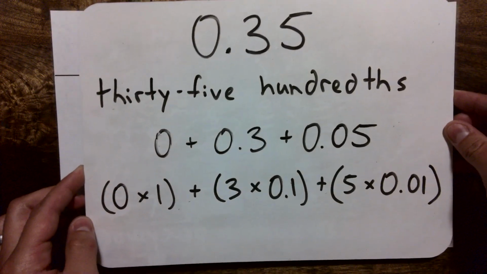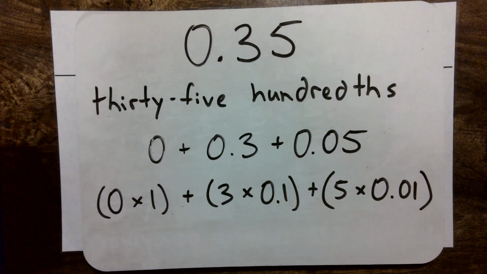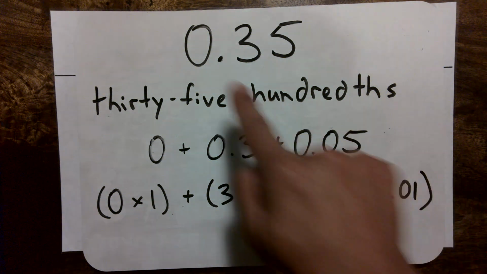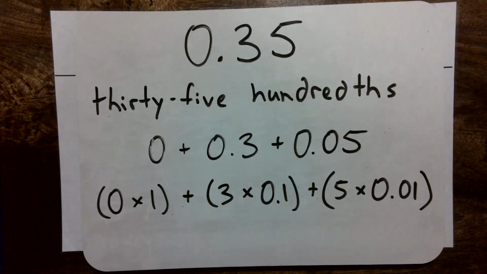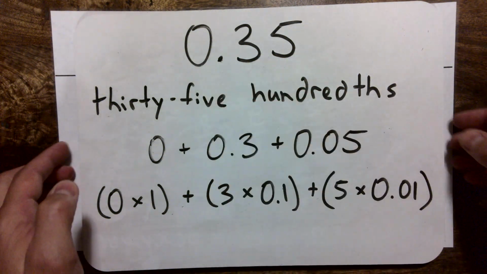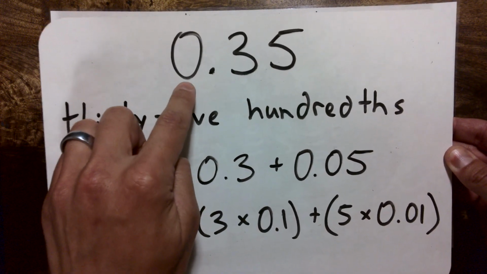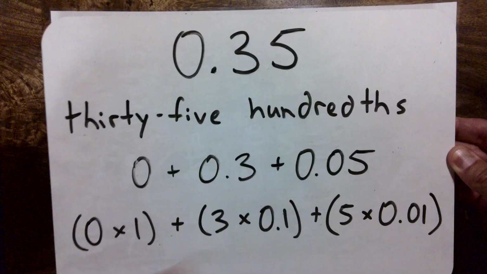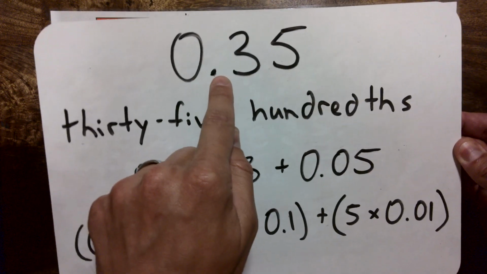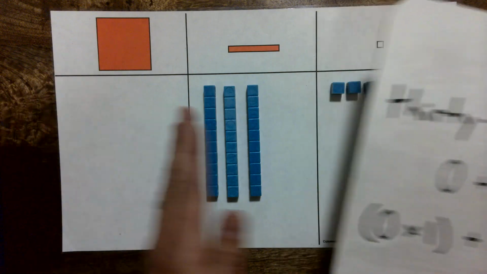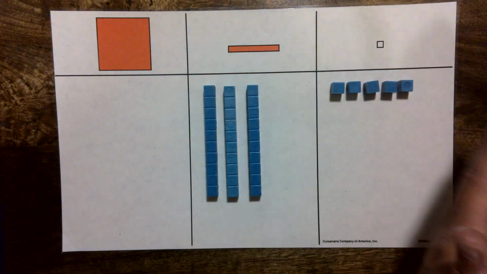And then for the abstract model, we have some different variations. This is our decimal notation. Again, we had 0 ones here. Oftentimes we'll write our ones place value there, just so that the decimal point doesn't stick out too much. But this decimal point is how we separate our whole numbers from our fractional components.